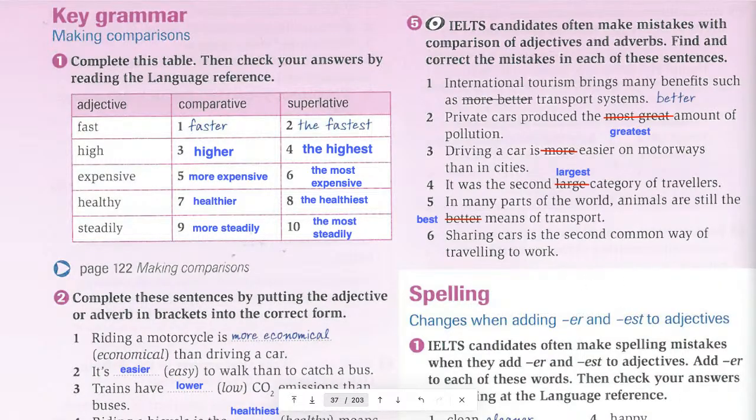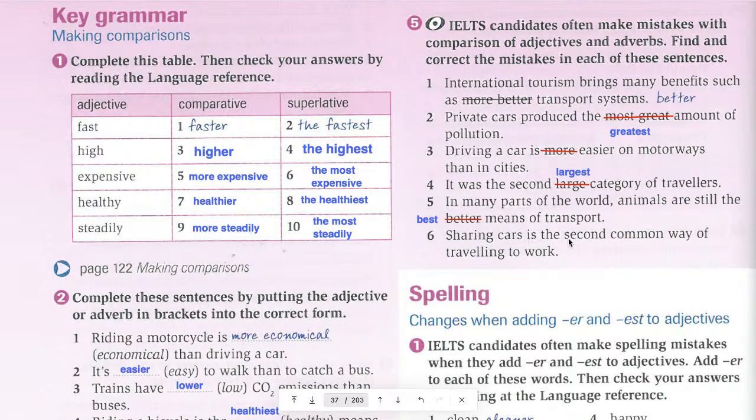Okay, number 6. So, how can we fix this? Is it correct? No. Wrong where? I don't know. Okay, you need to add most in between these two words, second and common.